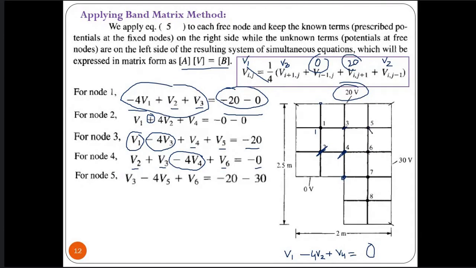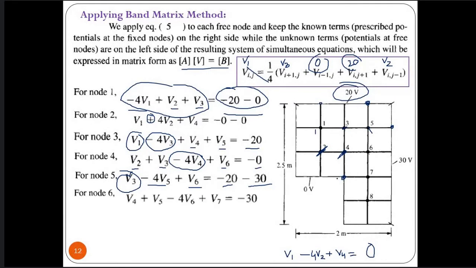Next, for node 5, it will depend on 3 and 6. These are the two free nodes. So first we write V3, next minus 4V5 plus V6. For 5, these are the two fixed nodes. On this particular fixed node the potential is 20, and on the other it is 30, so it will be minus 30.